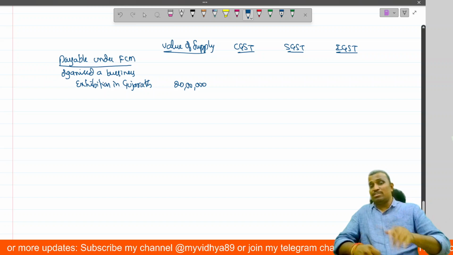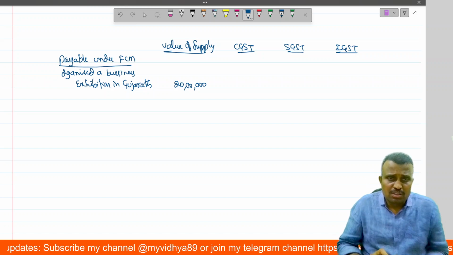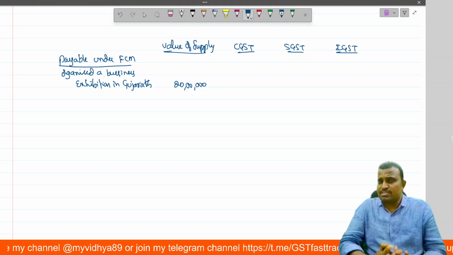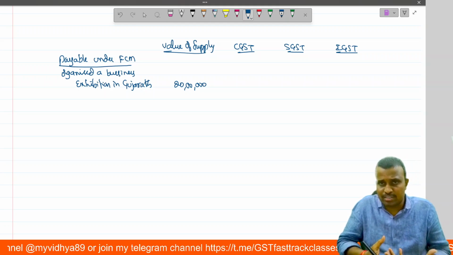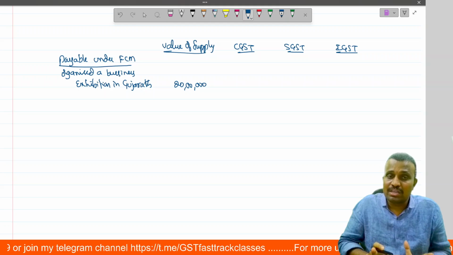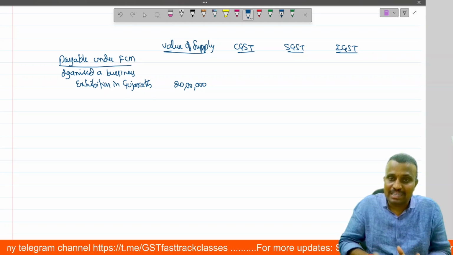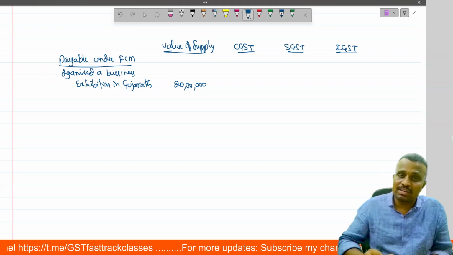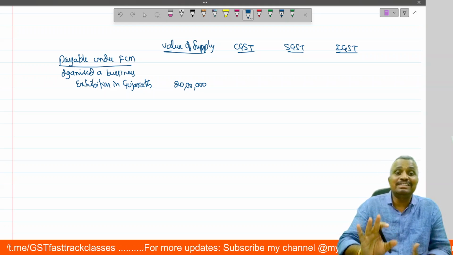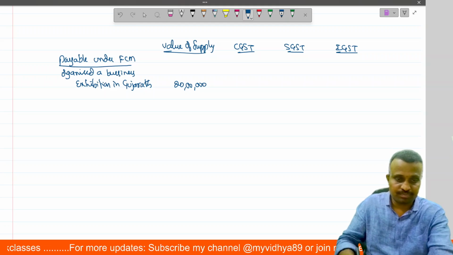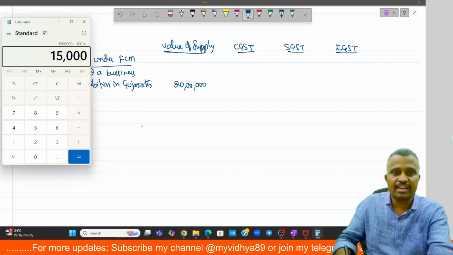First of all, is it taxable or not? Any organizer providing these services by way of conducting the business exhibition completely outside India, that is exempted. But here they are performing in India, so that is taxable. The supply is made in Gujarat, but the supplier is in Rajasthan, so it is an interstate supply. Interstate supply rate is 18%.